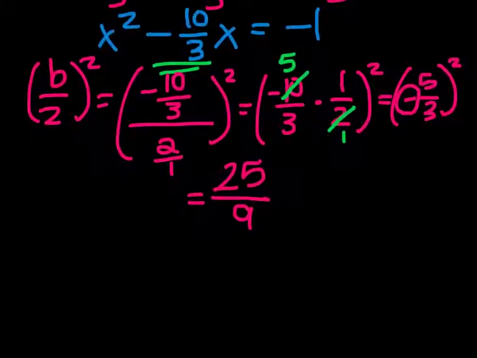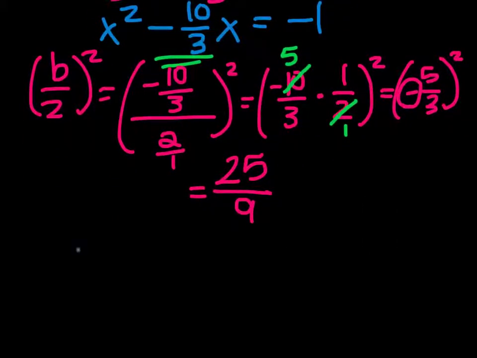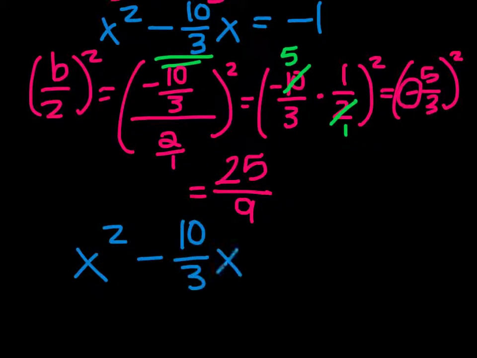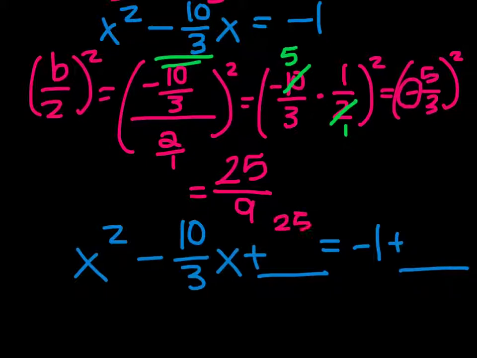So let's make ourselves a little bit more room. So we have now x squared minus 10 divided by 3x plus a quantity is equal to negative 1 plus that same quantity. And we just figured out what that is. It's 25 over 9. Let's do a little bit of this math.